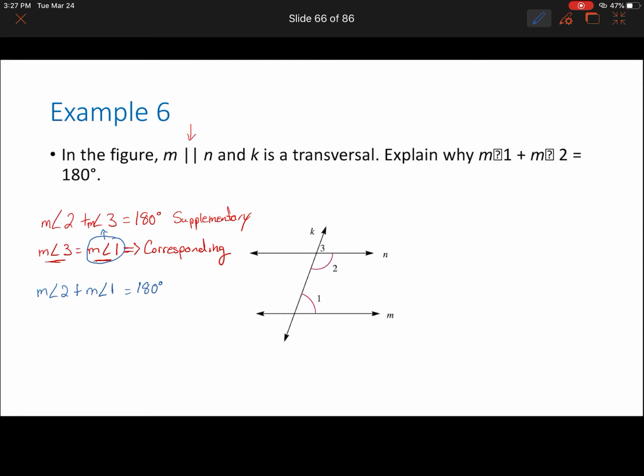So the measure of angle 2 plus the measure of angle 1 has to be equal to 180 degrees. Again, it's because we have the supplementary angles, which means they're equal to 180, and then 3 and 1 being corresponding, they have to be equal measurements. And so because of that, 1 and 2 must be also supplementary.